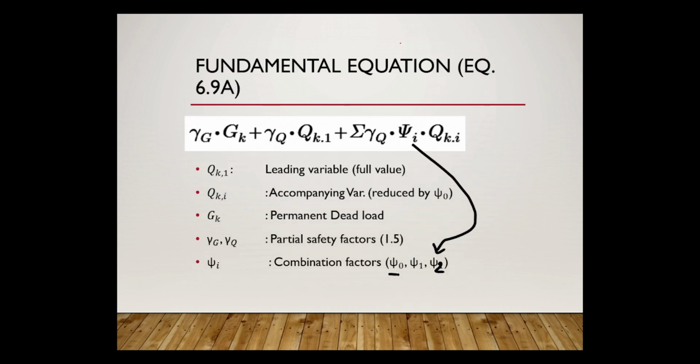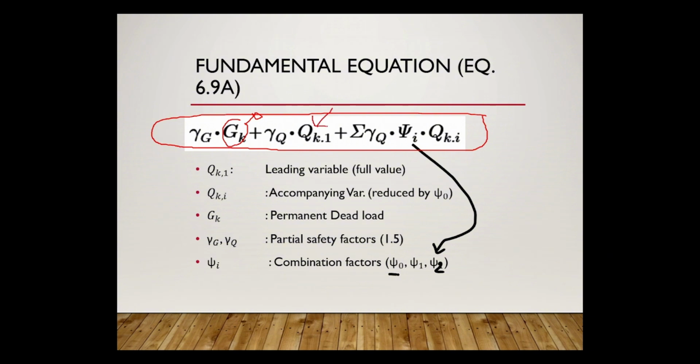This whole concept of load combination in the Eurocode can be explained by using this fundamental equation that is used to derive all the load cases. It is referred from European 1990 equation 6.9a. In this equation, we see different terms. Gk stands for the dead load, or permanent action loads, like I explained earlier.